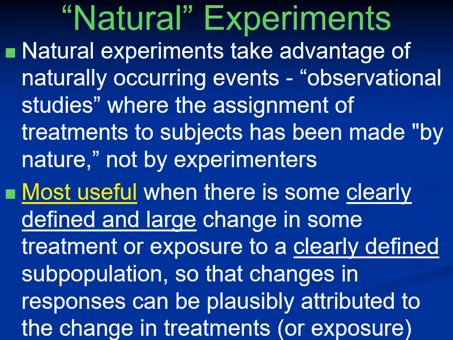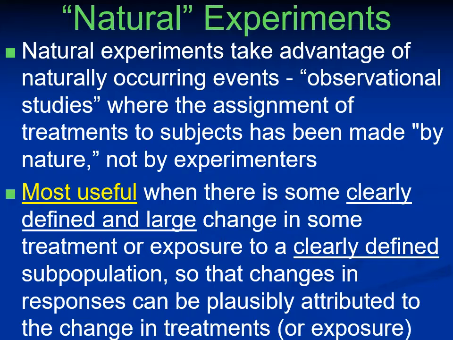Like I say on the slide, they're most useful if you have some clearly defined and large change in some treatment or exposure to a clearly defined subpopulation, so that any changes in responses can plausibly be attributed to the change in treatment or change of exposure.